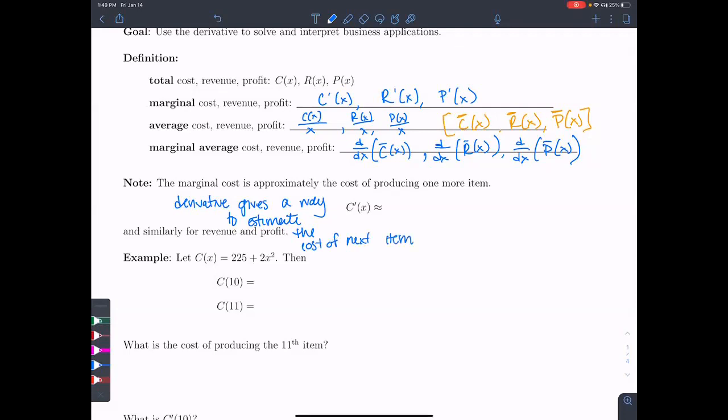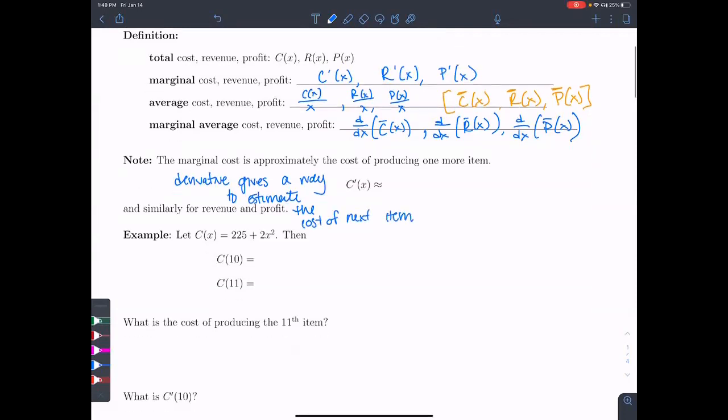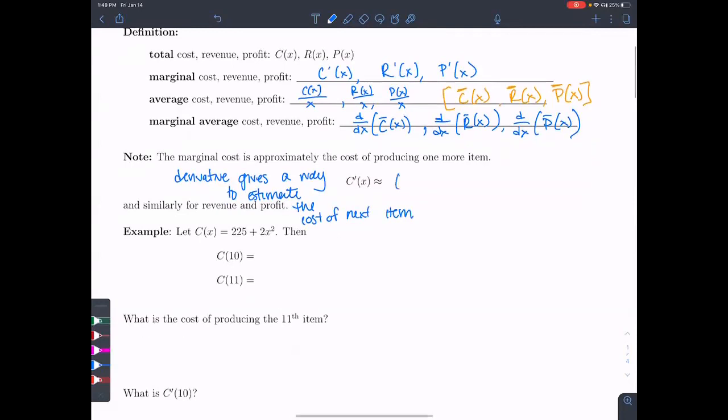Similarly for revenue or for profit. So C prime of X is approximately equal to the cost of producing the next one minus the cost of producing that one. This would give you the cost of producing one more item. So the derivative gives us a way to approximate that.